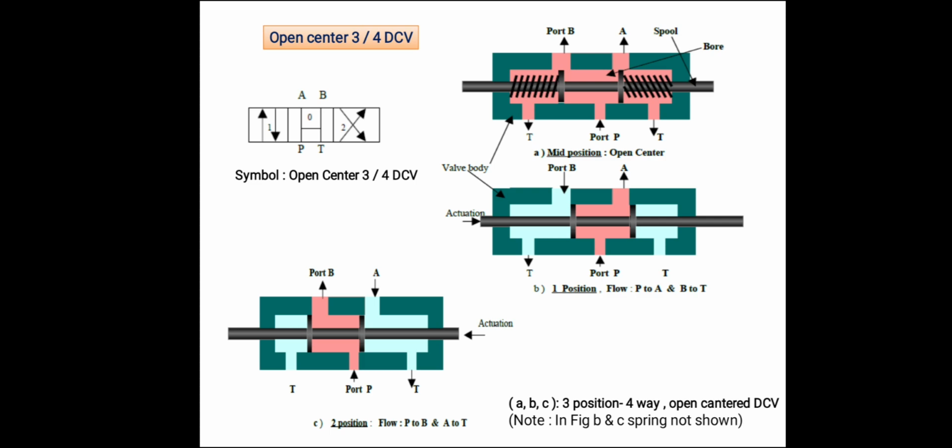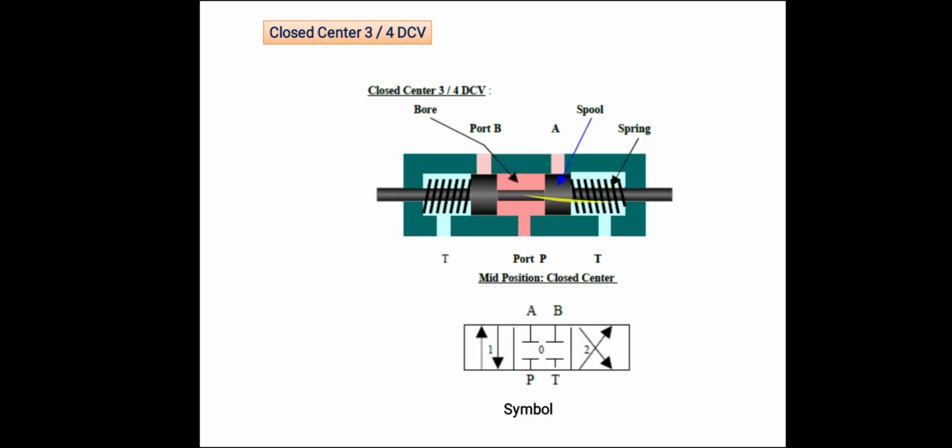Since fluid always flows the path of least resistance, other auxiliary devices in the system using pressure energy cannot function. This figure shows A, B, C, the three positions of the 3x4 DCV. A shows the valve in mid position, that is when the valve is deactuated.